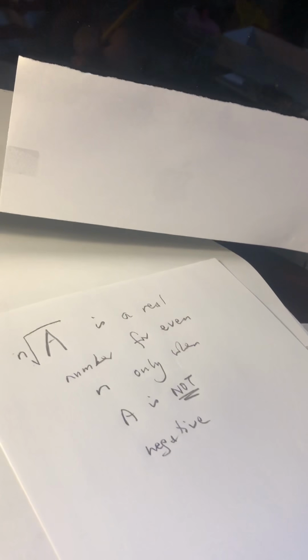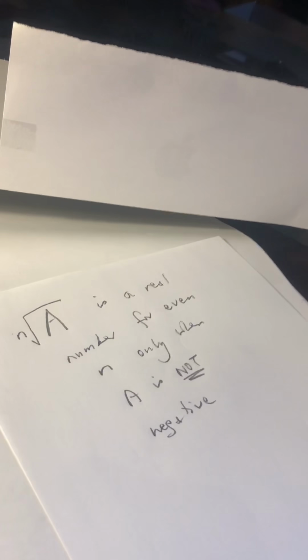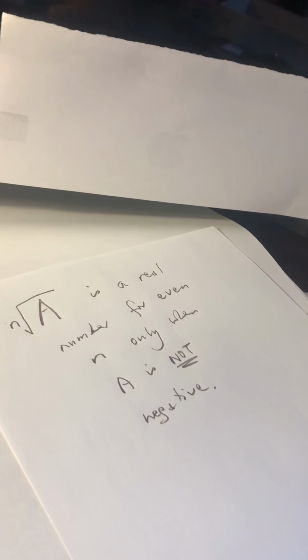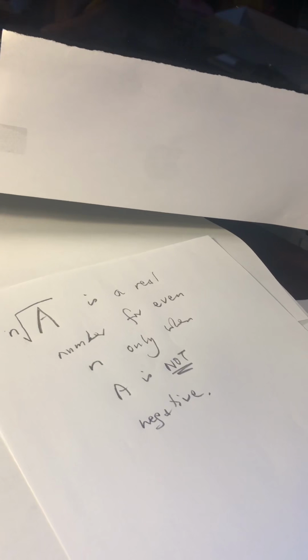So if we want to find the nth root, and we know that n is even, a cannot be negative. All right, so that's what we need to know. A cannot be negative.